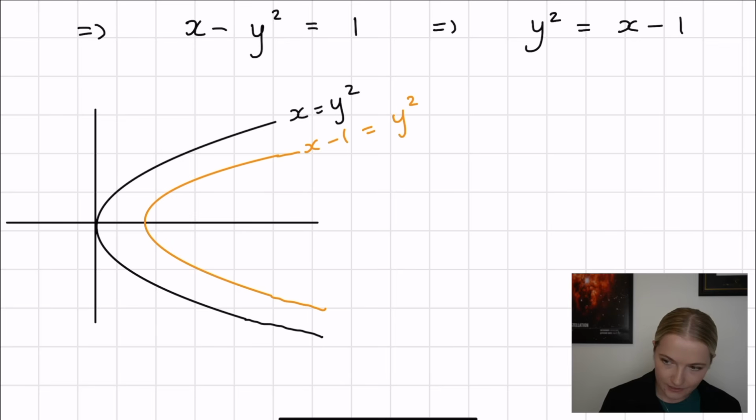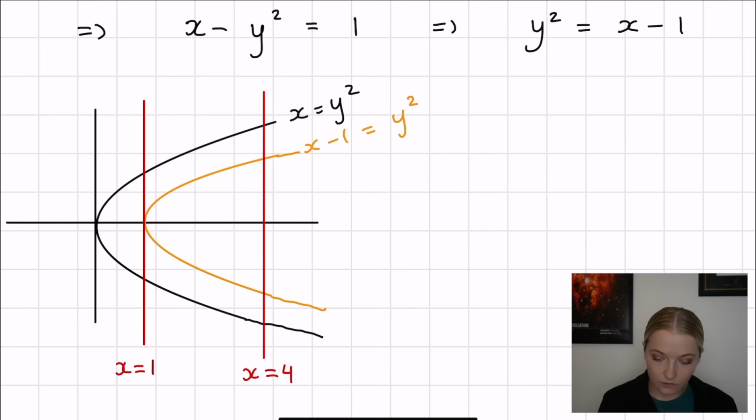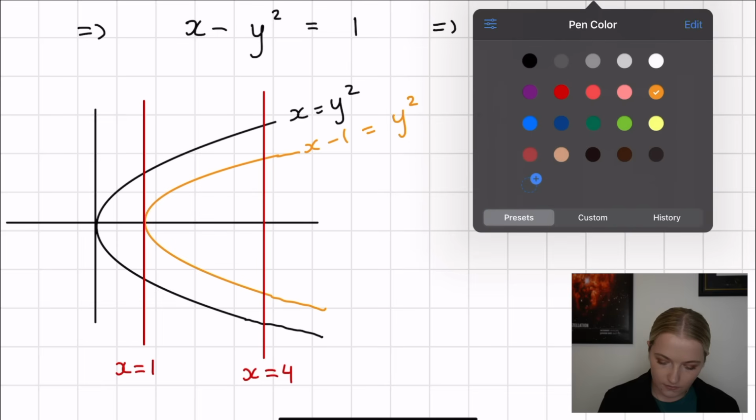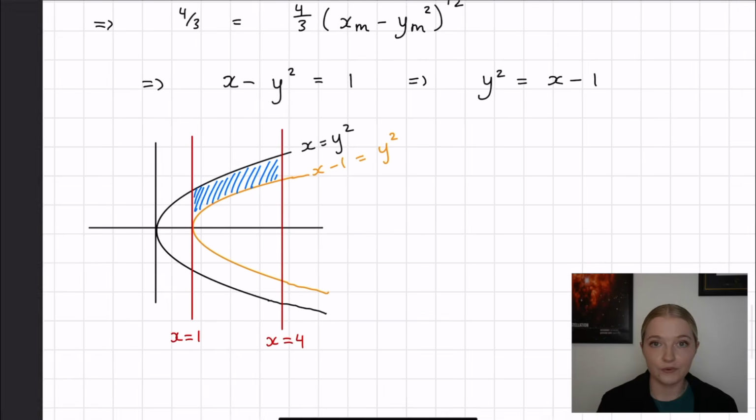Okay, so we now have x equals 1, which is going to be here. Move that over slightly. That's x equals 1. We then obviously have x equals 4. And we want the first quadrant, so the region that we're interested in is this region in here.